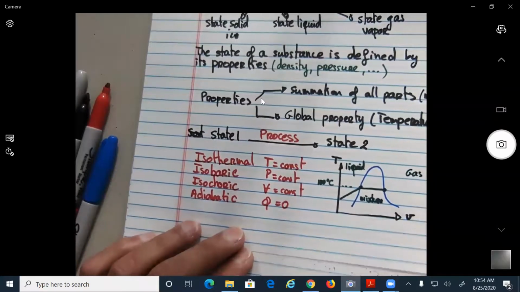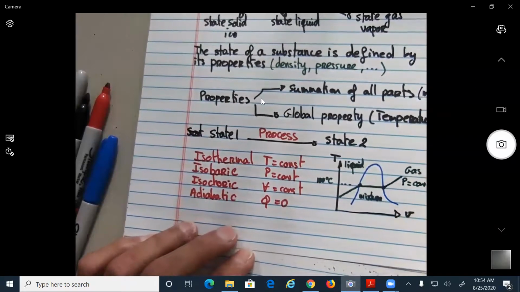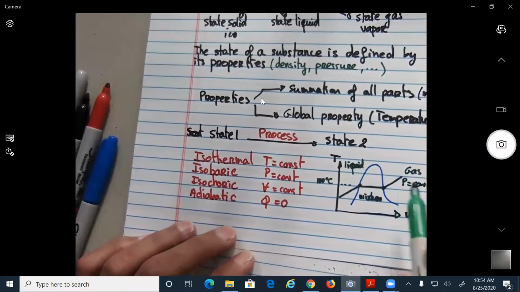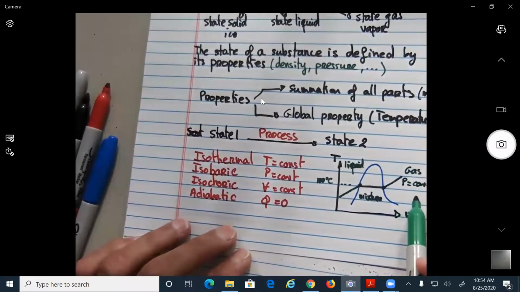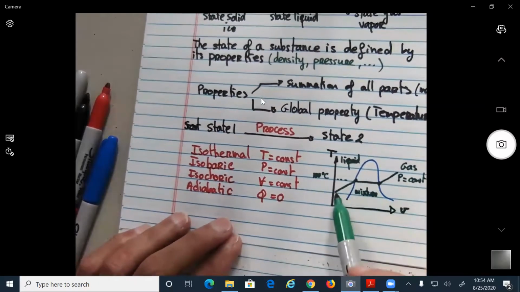So now if you have gas, if you keep heating the gas, it's just going to increase the temperature. But if you look at this line over here, this is a line of constant pressure, sorry, okay? And this pressure will be 1 atmosphere.